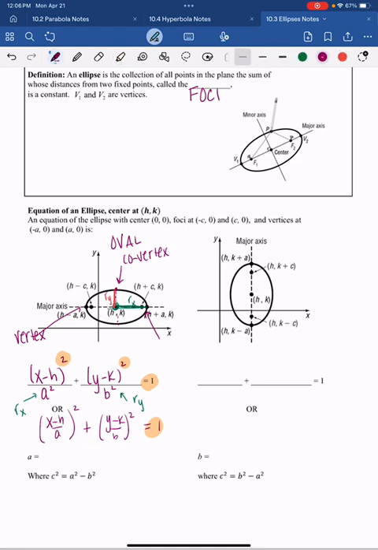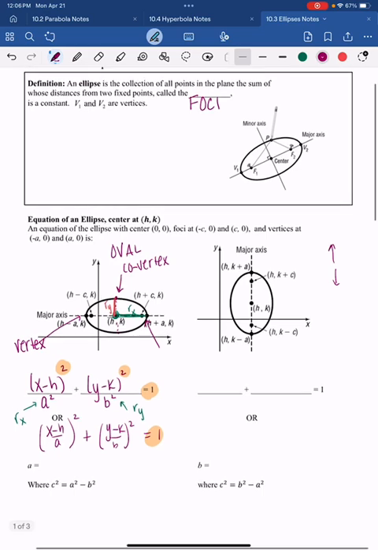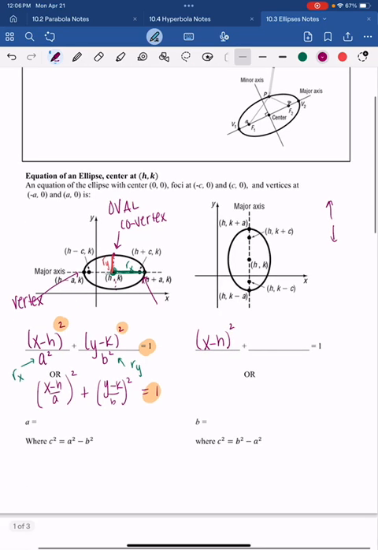Okay. And then for an ellipse that opens more in the y direction, where its y length is longer than its x length, the equation is going to be very similar. x minus h, but instead of saying a squared, I'm going to flip them.